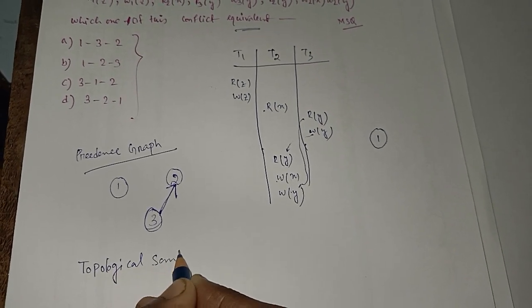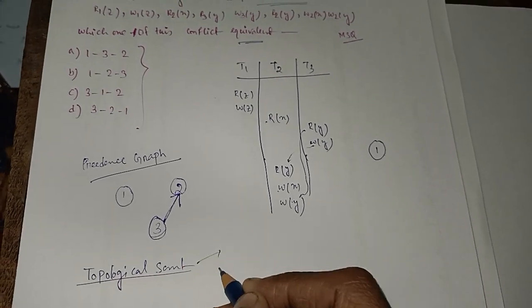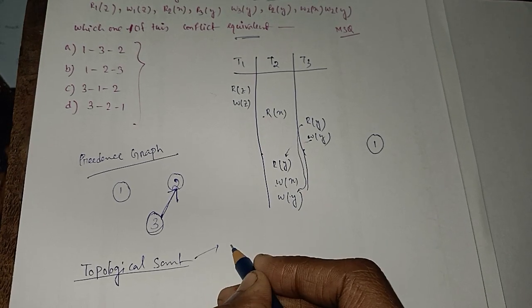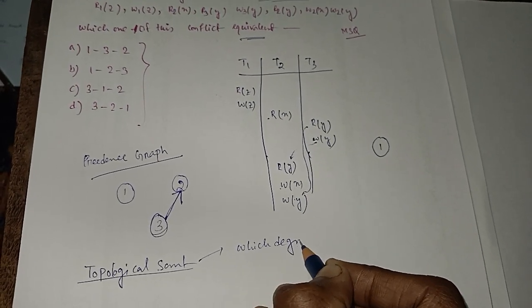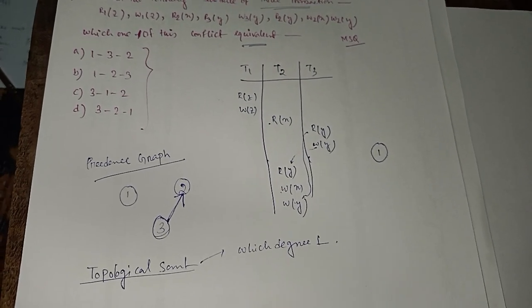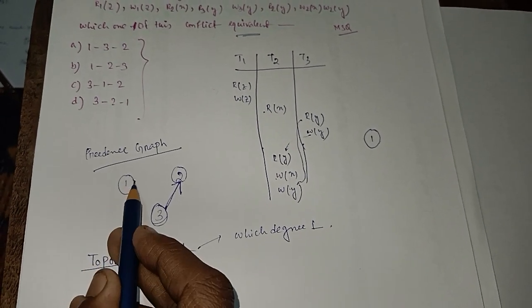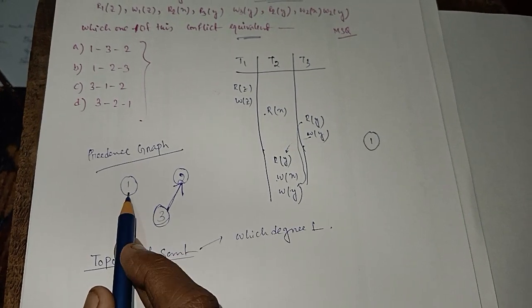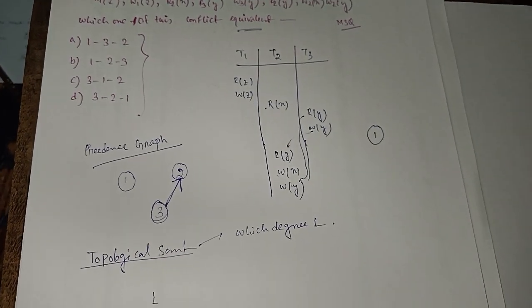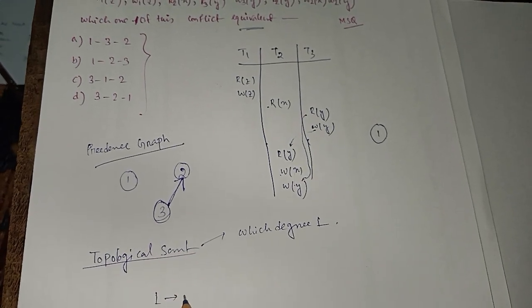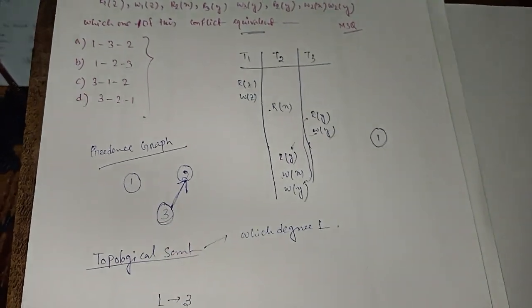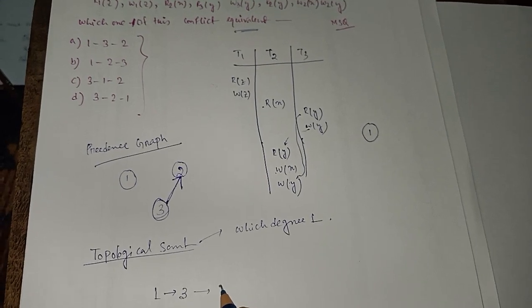So we have to perform the topological sort. For the topological sort, we find the nodes whose in-degree is 0. The vertices 1 and 3 qualify, so we have to choose these two. From 1 we choose only 3, because 3 is dependent on it. So 1, 3, 2.